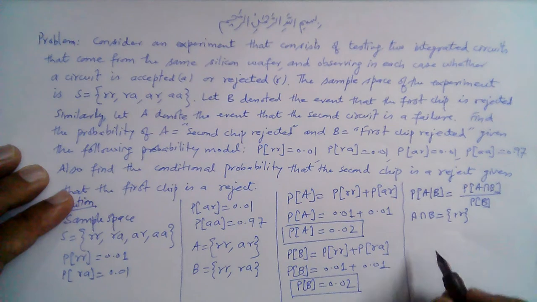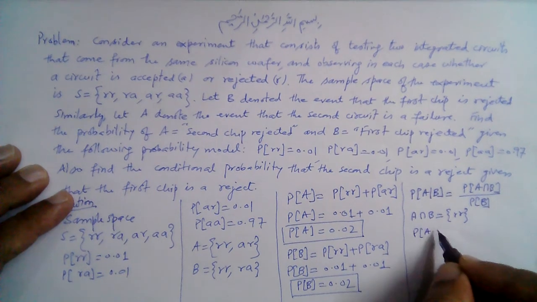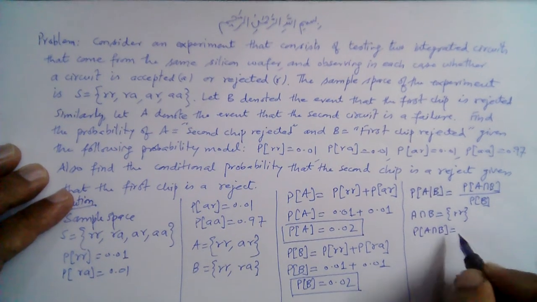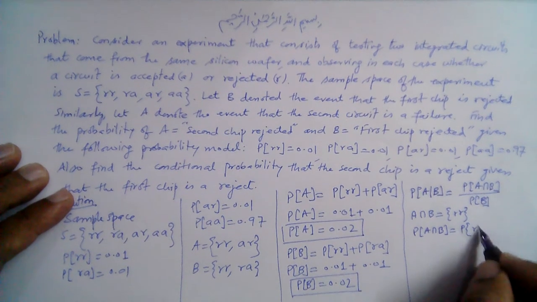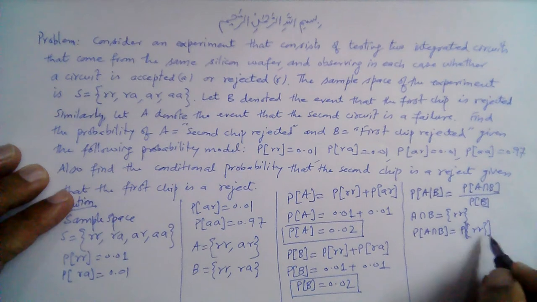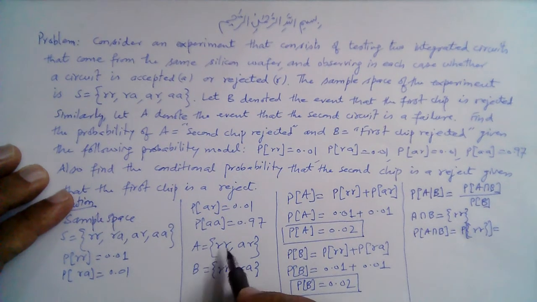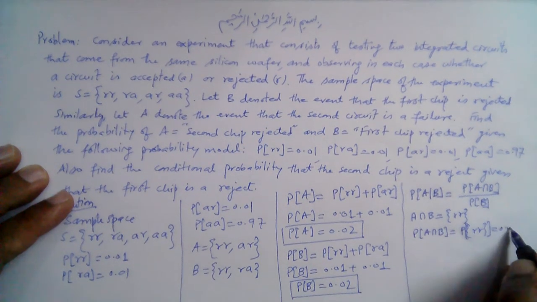And the probability of A intersection B is equal to the probability of this event RR, and this is 0.01, right?